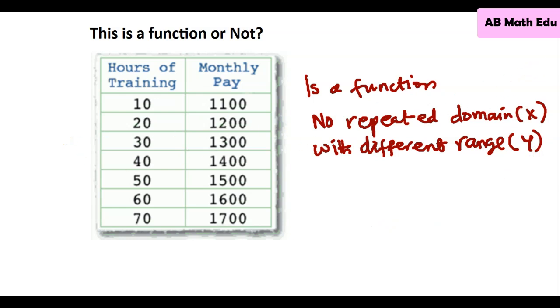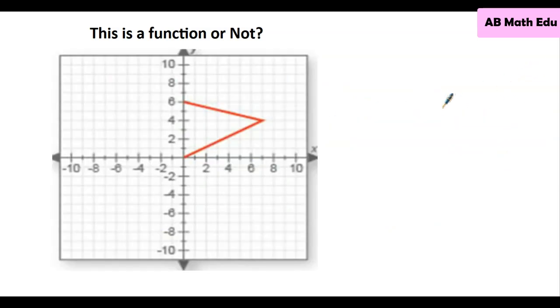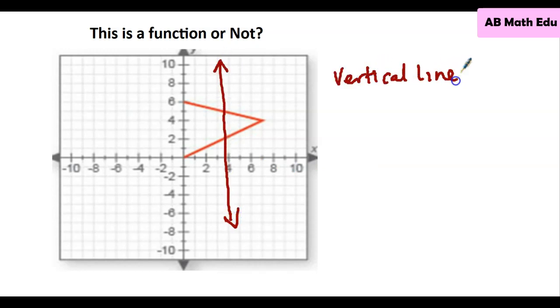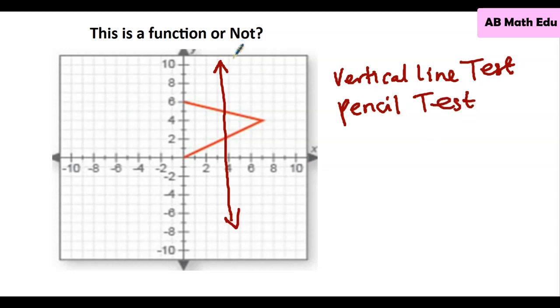We have done a lot of them. So yeah, if you have a graph and they are asking you if that is a function or not a function, all that you do is use a vertical line. Some people call it a pencil. That's because you can put your pencil like that, and if you touch more than one, this one has put 2.